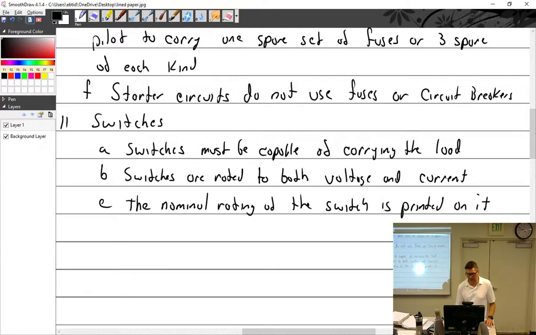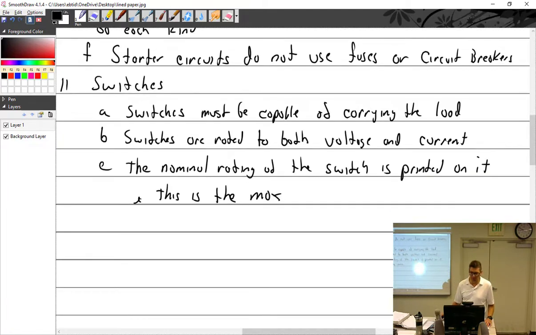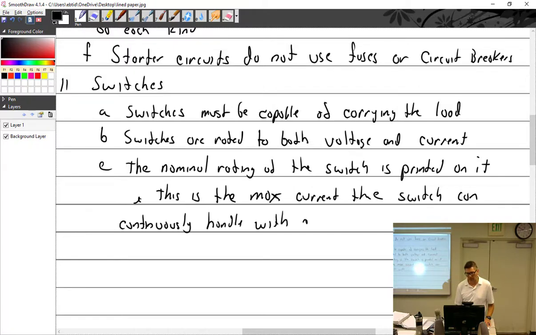And this is the max current the switch can continuously handle with contacts closed.